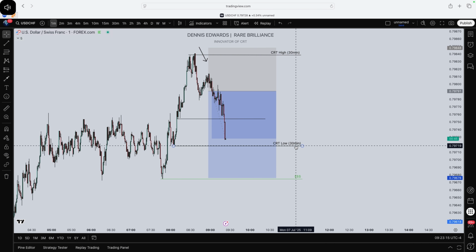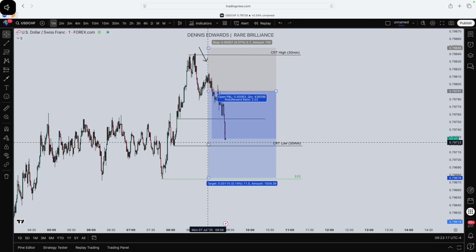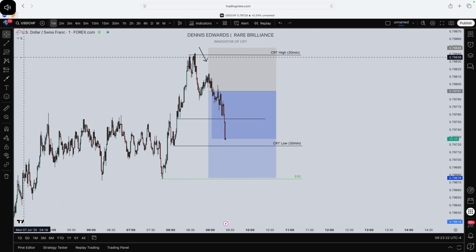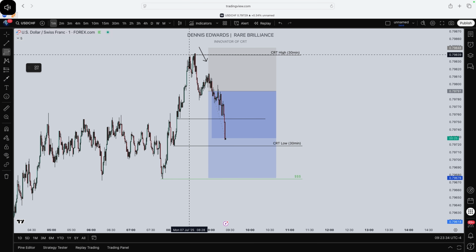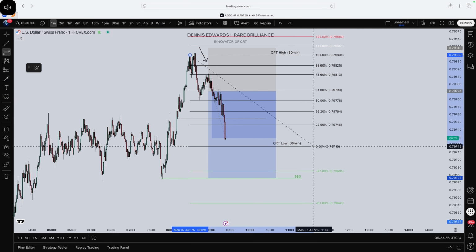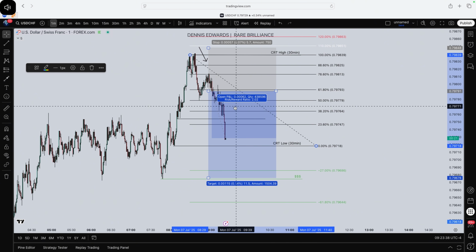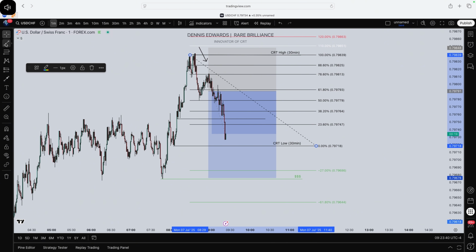But so far I want to see us tap into these lows here now. Let's see. I didn't actually draw up the 50% of this range. If I did, it would have been here. So price has tapped into the 50% actually.